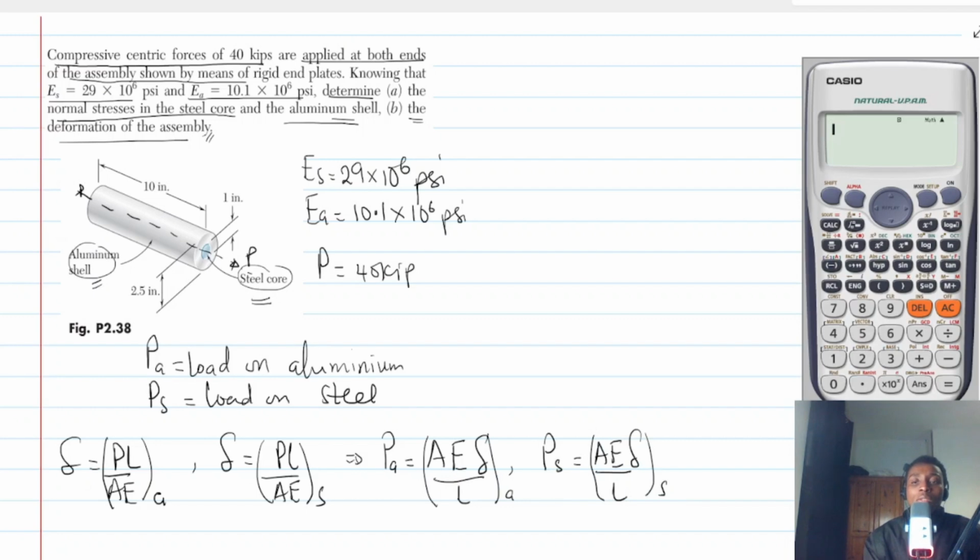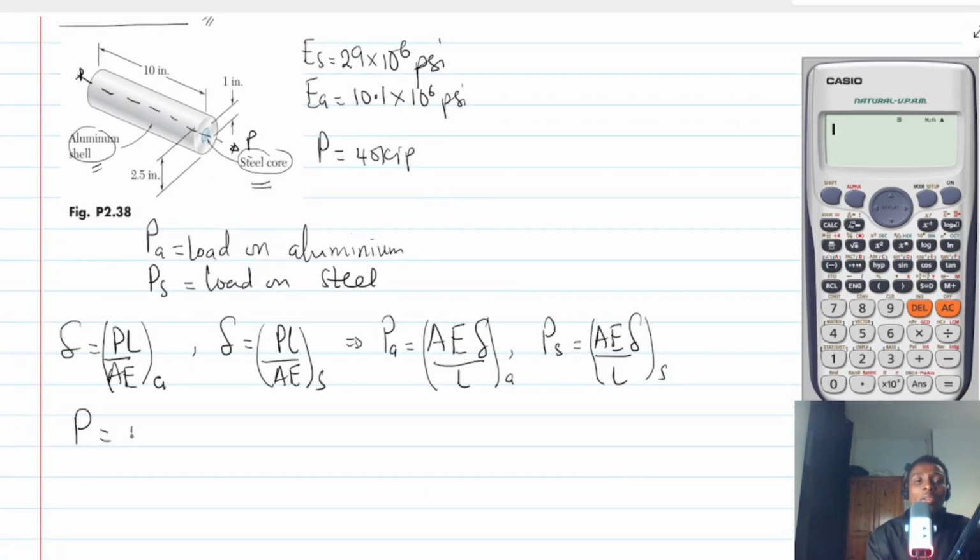The total force or the total load P will be carried by A and then S. In other words, some of the total load will be carried by the steel and some will be carried by the aluminum shell. Now the total force can also be expressed by adding this divided by this plus this divided by this.